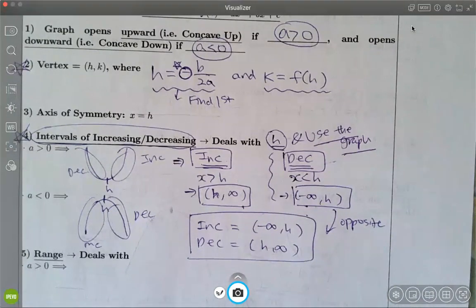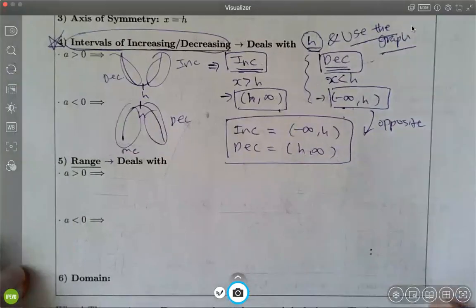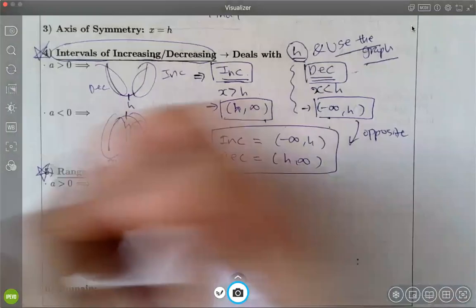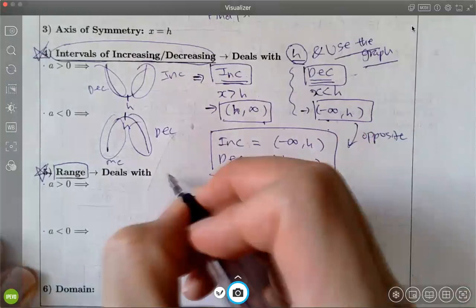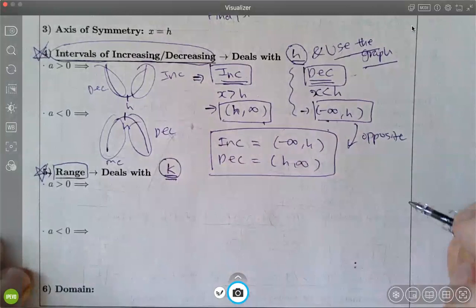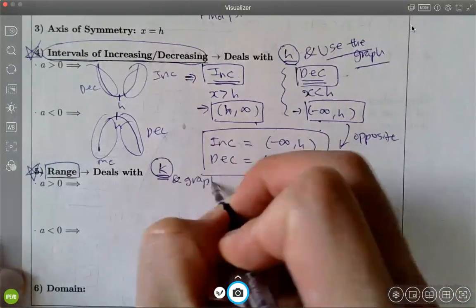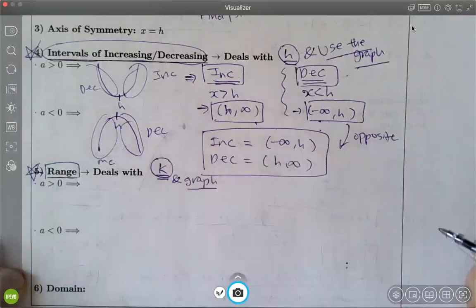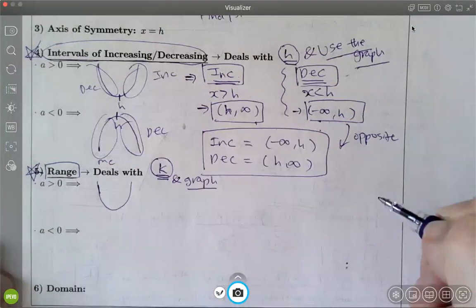Now, the similar case appears on the range. The range is the y value, and the range deals with k from the vertex. And the good thing is, still you have to use the graph as well. Why? Because when a is positive, you still have the same graph like that. Now, where is k this time?